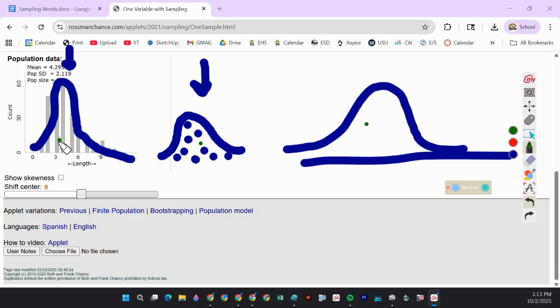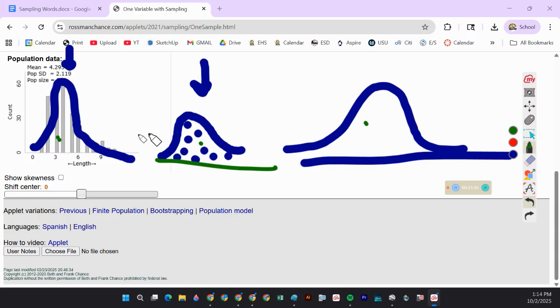So in the population, this dot is one word from the entire Gettysburg Address. And this particular word had 3 letters in it. Okay? This is our sample. There are 10 dots in this sample. This particular dot is the number of letters in that word from the sample. Okay? And then this dot is one sample of 10 words where we counted the number of yeses and turned it into a percentage, like 40%.